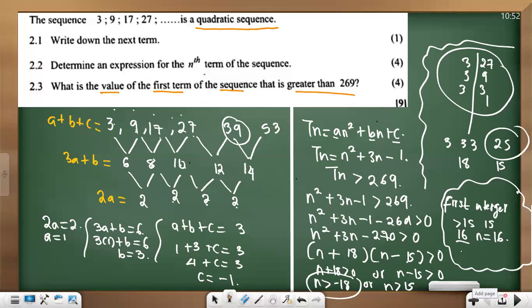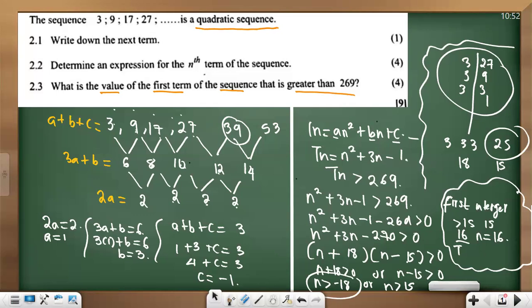So can we then substitute and get the answer done? Tn equals, oh, I'm looking for T60 now. My n is 60. Let me try to squeeze everything on the board.